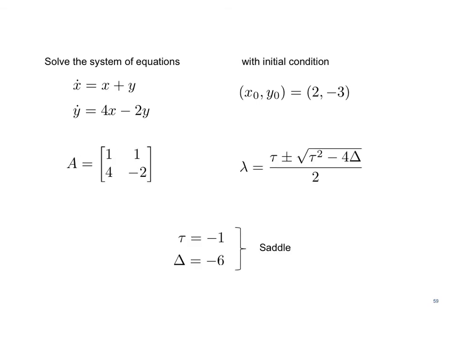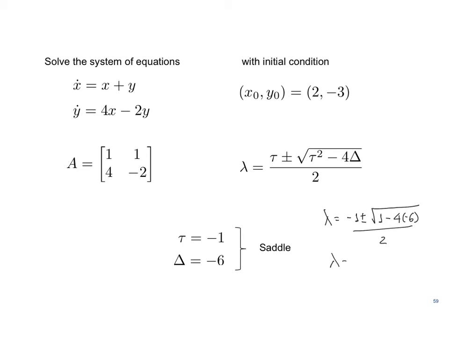Now that we know it is a saddle, we still want to know the precise solution. For that we need the values of lambda, so we just replace them in here. Lambda is equal to minus 1 plus minus the square root of 1 minus 4 times minus 6, over 2.